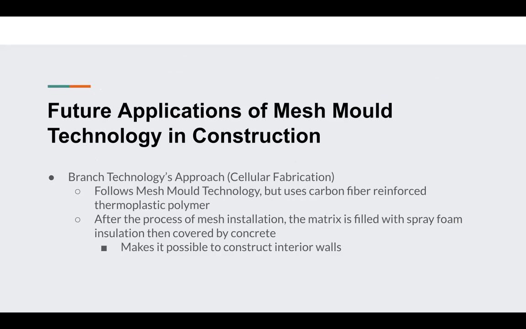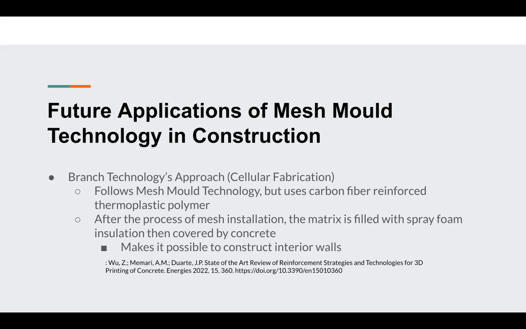So this follows mesh mold technology, but it uses carbon fiber reinforced thermoplastic polymer. And after the mesh is installed, the matrix is filled with spray foam insulation, then covered by concrete. So this actually makes it possible for us to construct interior walls, which we weren't able to do before the Branch Technology approach was developed.